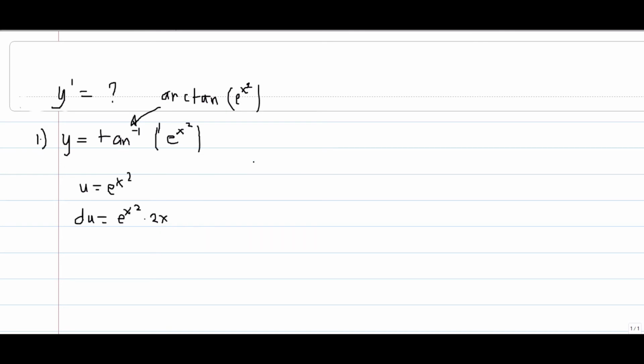So take note that the derivative of tan inverse u equals du over 1 plus u squared.